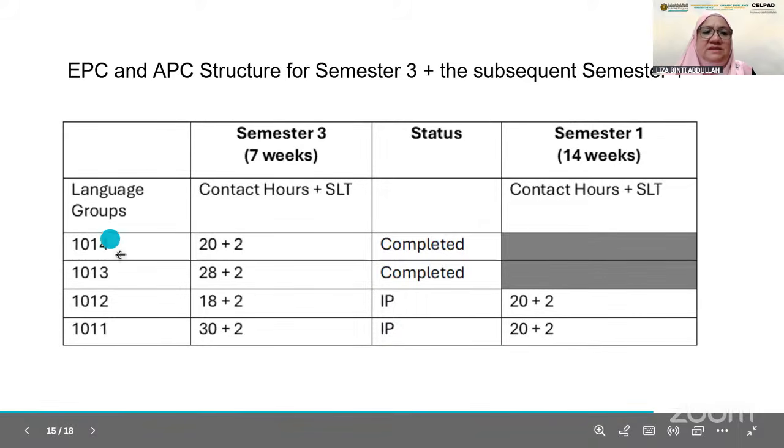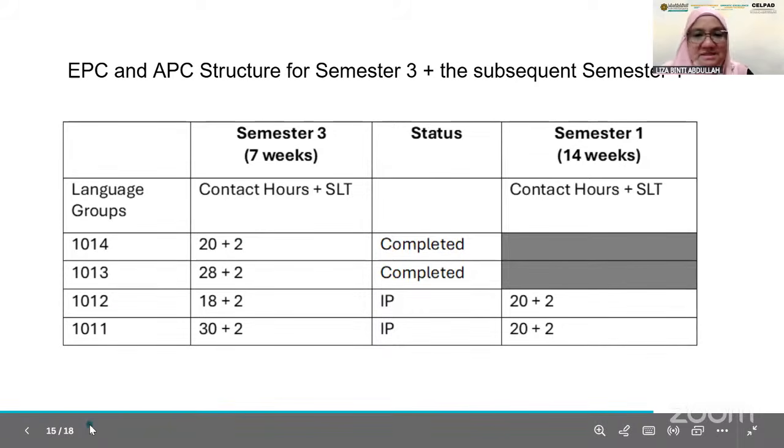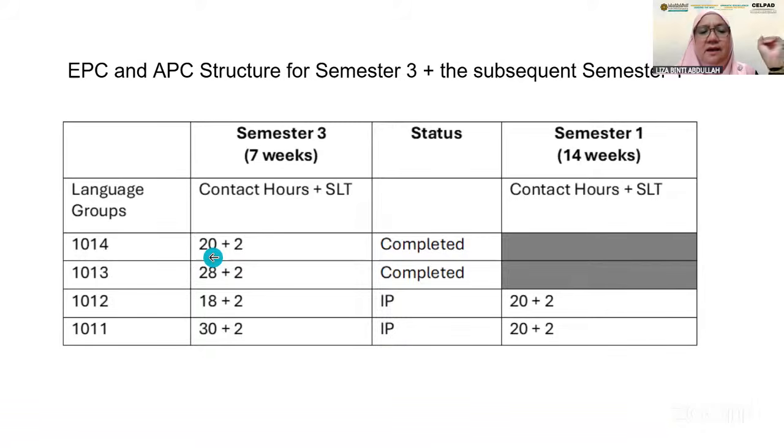For 1014, these are the contact hours, class hours, and then you will finish. We double the hours to 20 because it's short, and then you will complete in the semester itself. If you pass, then you pass. If you don't, then you repeat the following semester.